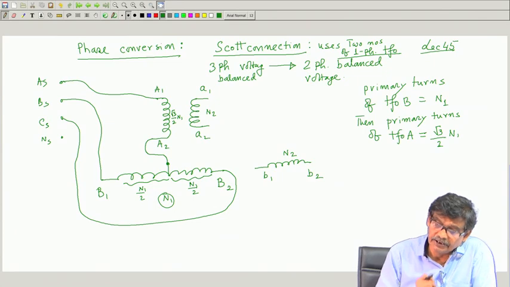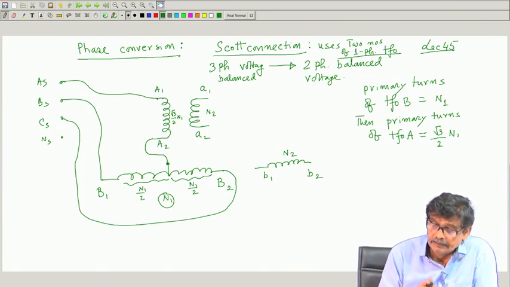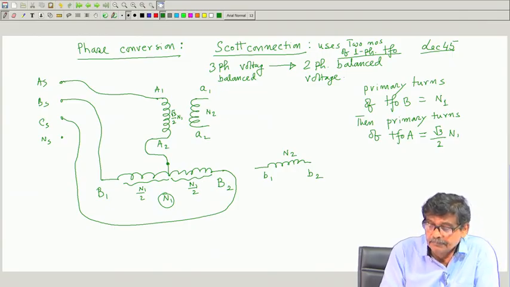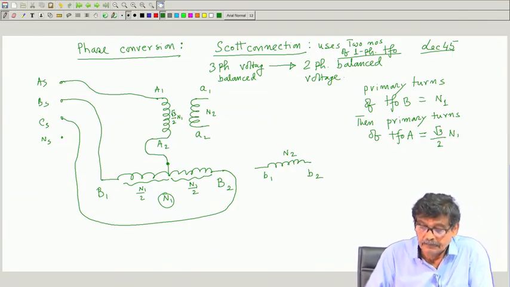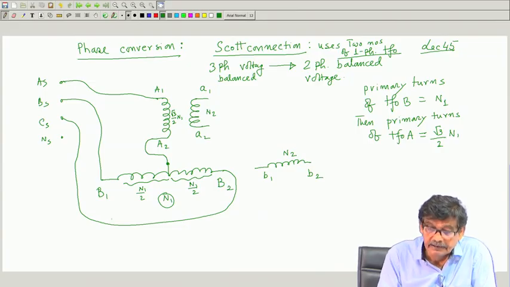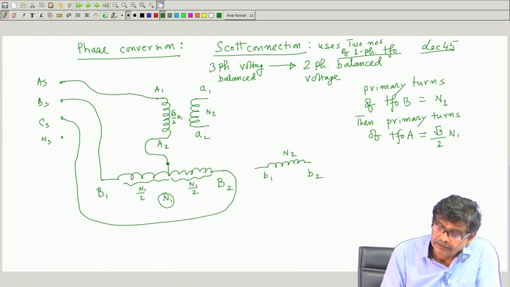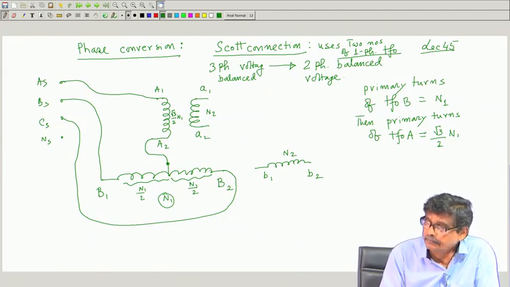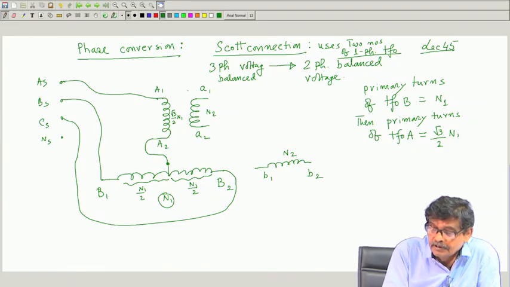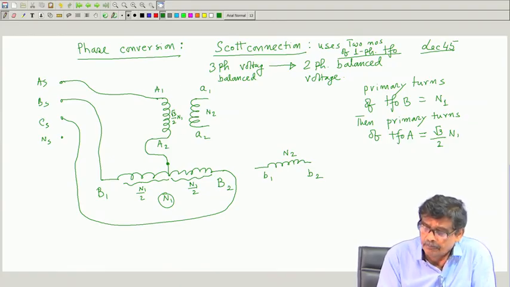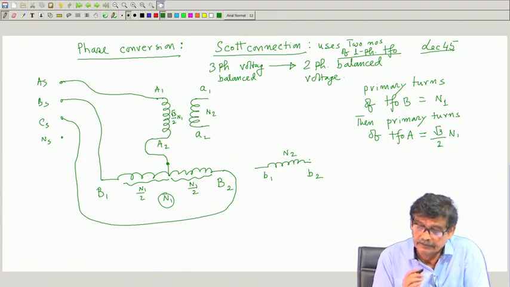Now, first of all you can see what is the voltage applied to the primary of transformer B. The voltage applied is line to line voltage, is it not, and total number of turns is N1. Mind you, this transformer has its own magnetic circuit separate, this transformer has its own magnetic circuit.